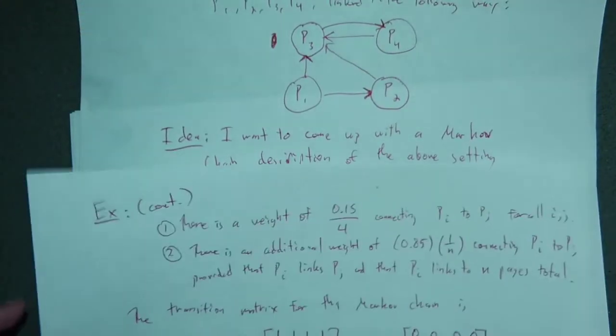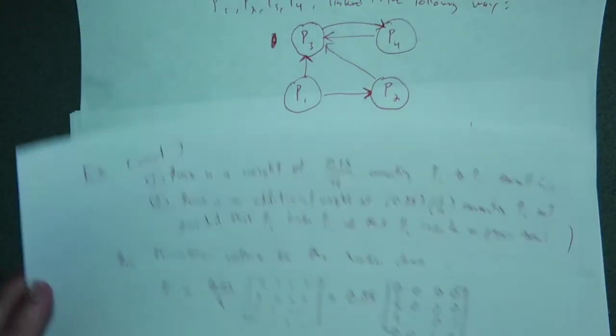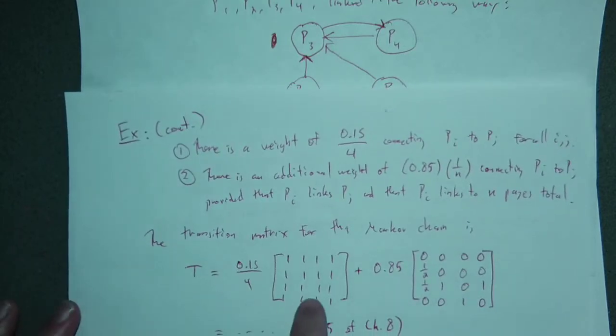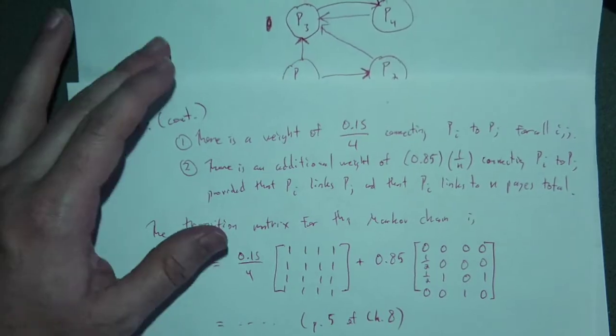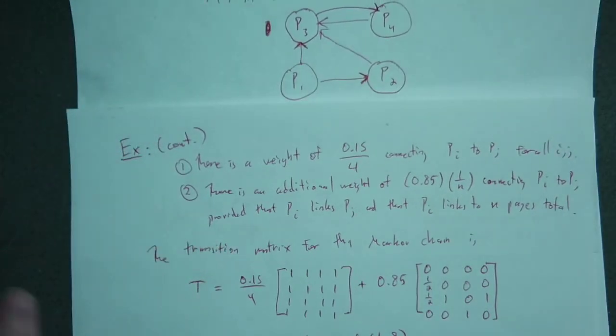Here's my 2 matrices. Here's the matrix that tells me the 15% of the time where I'm choosing at random, and the right matrix here is the 85% of the time that I'm not.